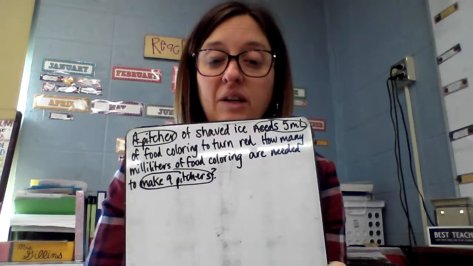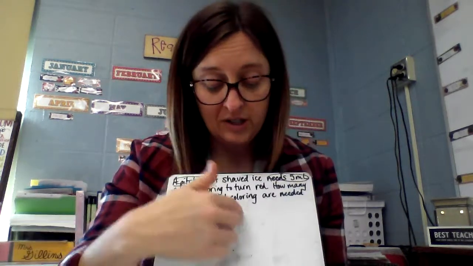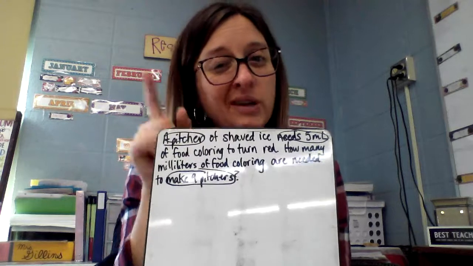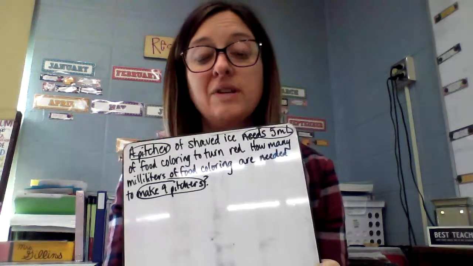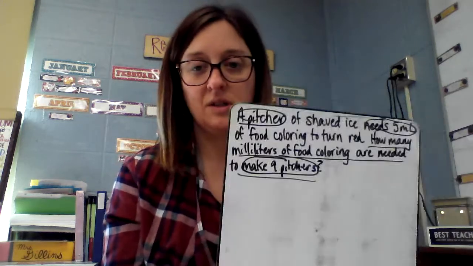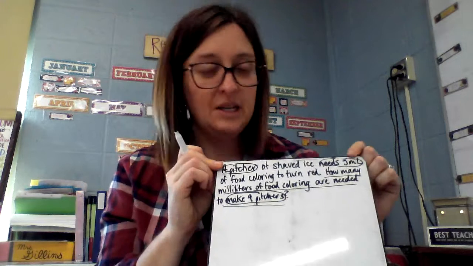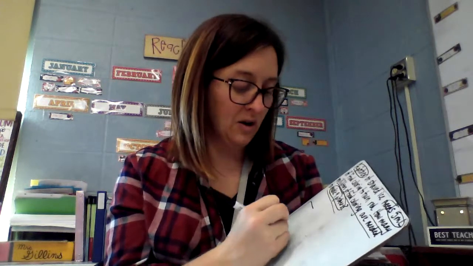How many milliliters of food coloring are needed to make 9 pitchers? I see a sentence with a question mark, so that's usually a good idea that that's the sentence that's asking you something. So they're asking me how many milliliters of food coloring are needed to make 9 pitchers. I know what one pitcher needs. It needs 5 milliliters. I need to know about 9.